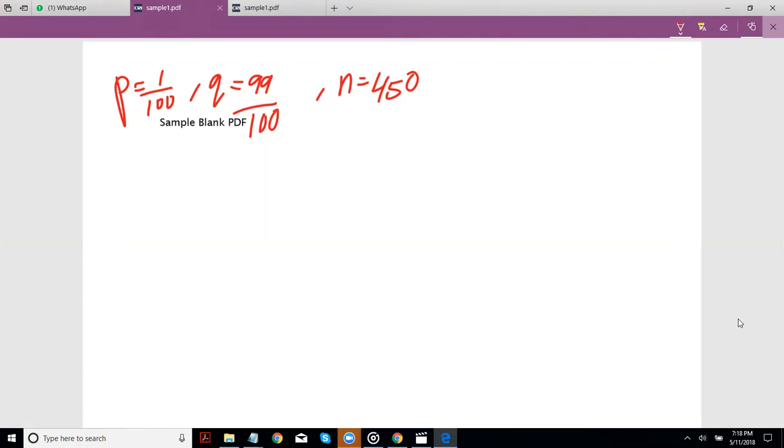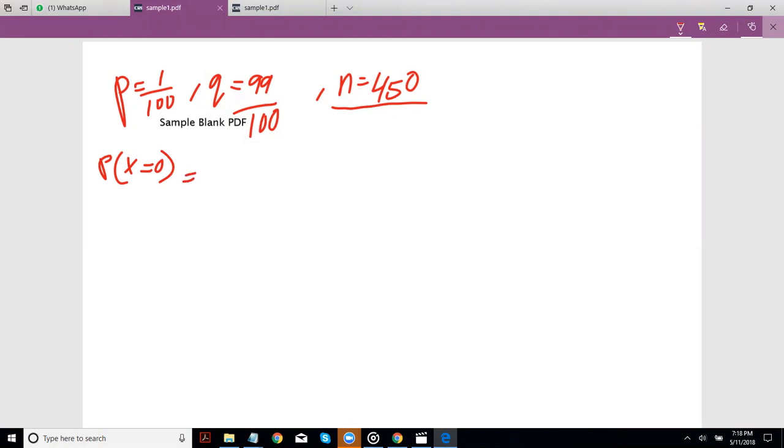Right, so first of all, understand that percentage error, to find out error, you have to find out how much your approximate value deviates from the actual value. So you were given a binomial distribution and you want to find out the actual value of the probability that x is 0, that if you have 450 throws, you don't get a 6 on any of them.